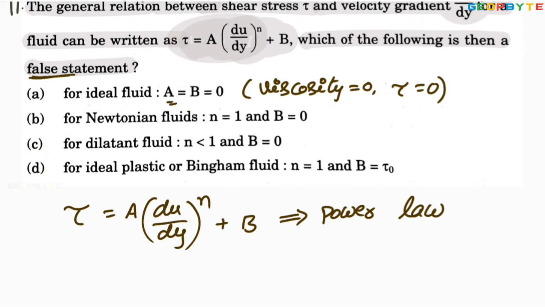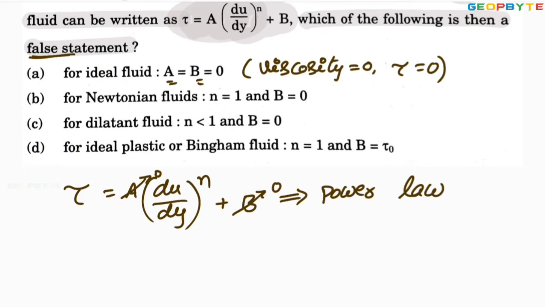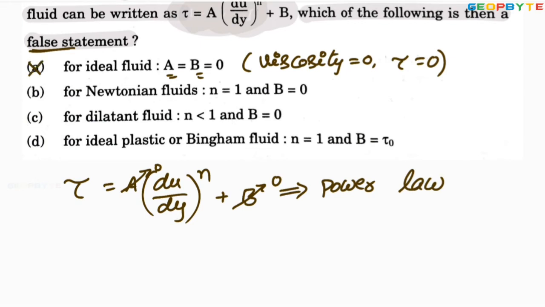If a equal to 0 and b equal to 0, shear stress equals 0. So the condition given in option A is correct, but you are asked for the incorrect statement, so the first statement is not the answer.